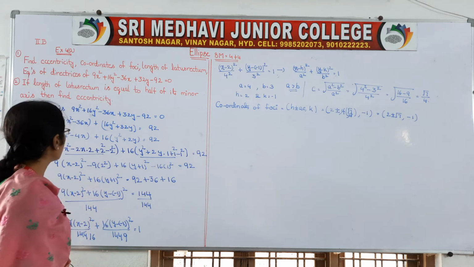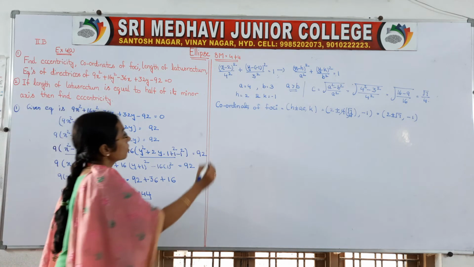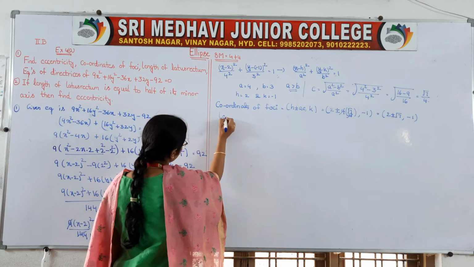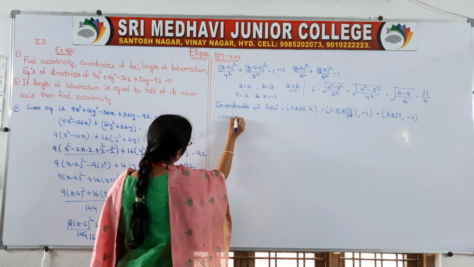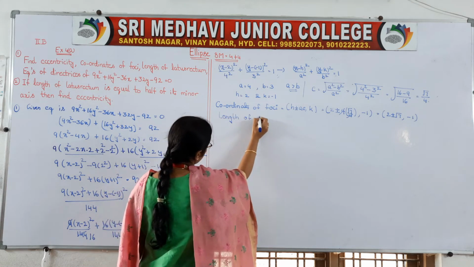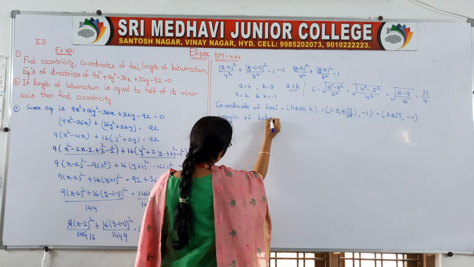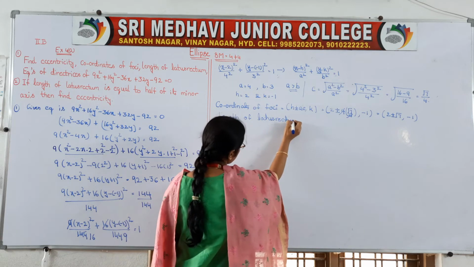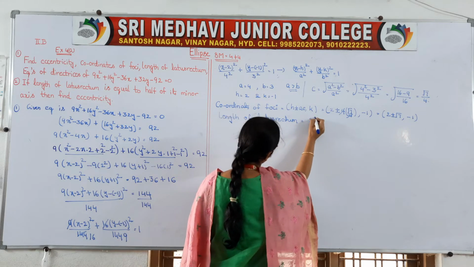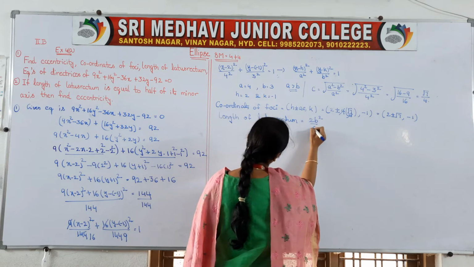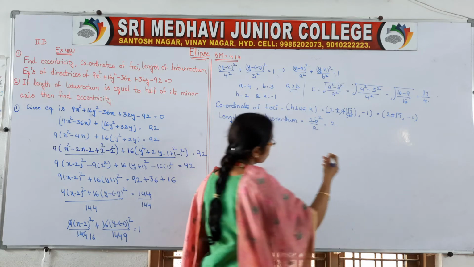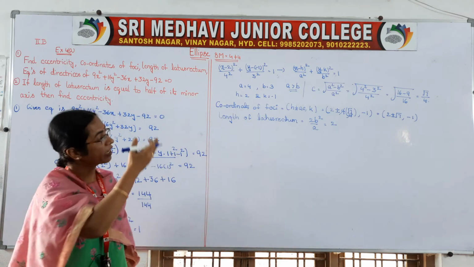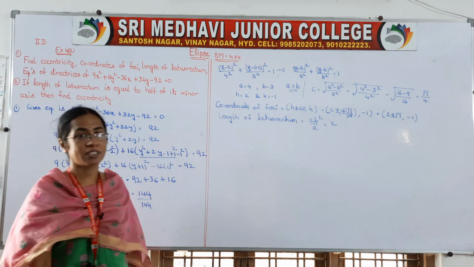Next is the length of latus rectum. What is the formula for the length of latus rectum? It is 2b square by a. These are formulas. Once you know a, b, h, k, we can easily write all these values, isn't it?